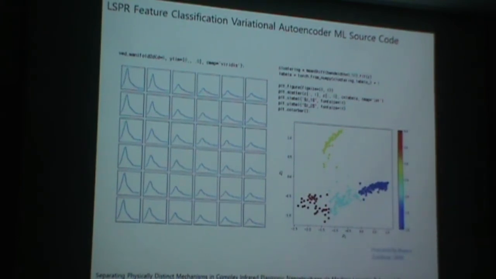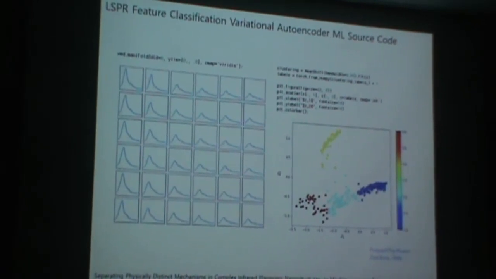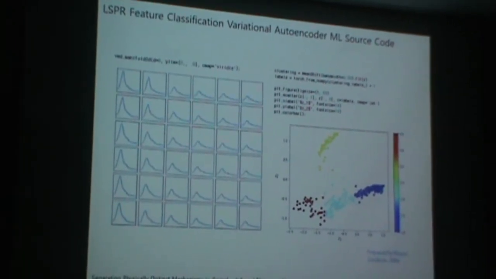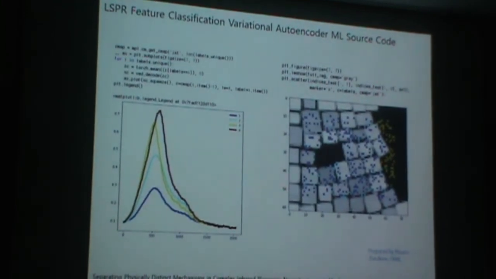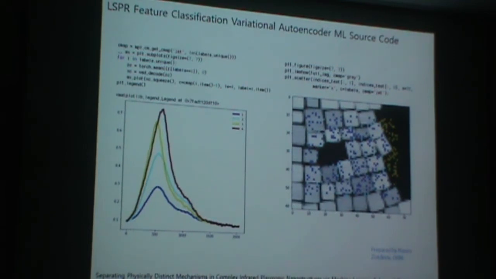We can add even up to 6 features, tune it down, then it becomes clustering 2, etc. And through that training method, we can map out the representative energy loss spectra, the near field spectra, and by overlaying it with the spatial feature map, we can, remarkably without human intervention, classify such features as voids and the edges of nanocrystals, along with the interparticle gaps, along with the bulk of the nanocrystal.